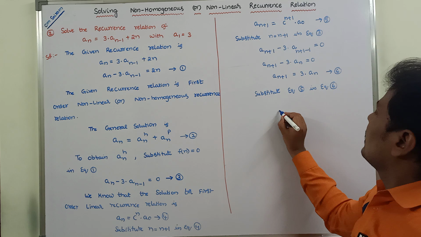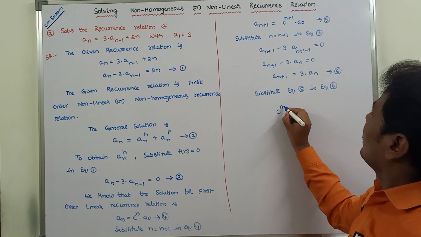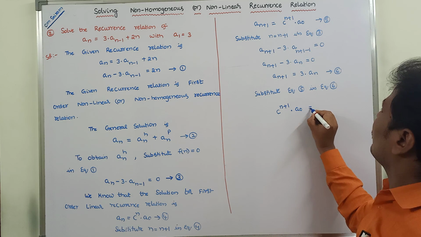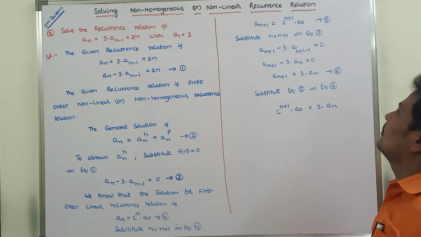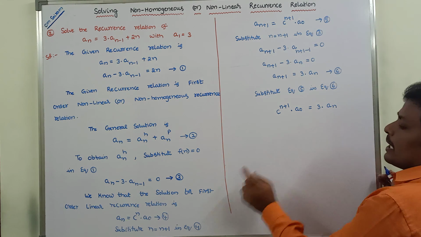So that is c power n plus 1 into a naught is equal to 3 into a suffix n. Now what is the a suffix n value?